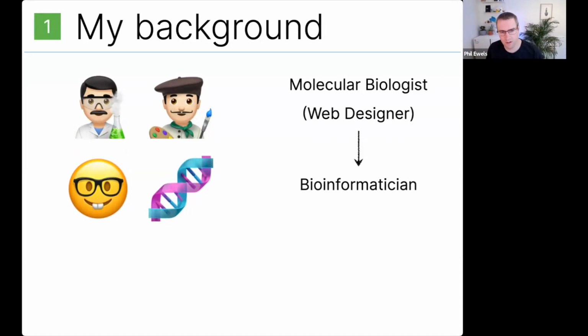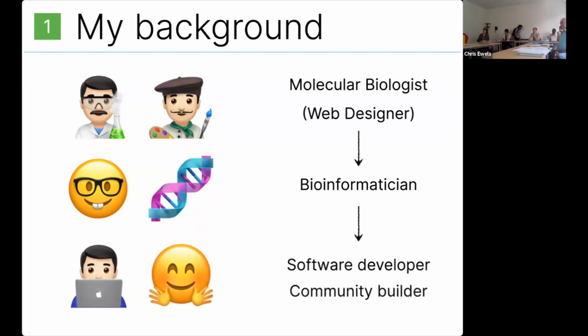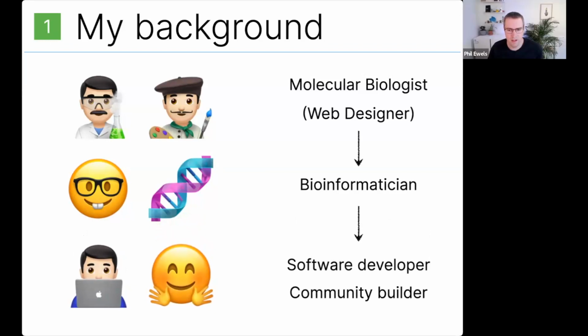What I got more into as time went on was building tools to allow other people to work with bioinformatics. So these days I would class myself less as a bioinformatician and more as a software developer, and also a community builder. I've over the years built up some quite large scientific communities of several thousands of people collaborating on tools. So I also spend a significant chunk of my time curating and managing that now.